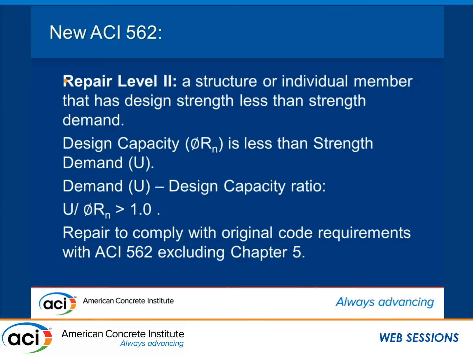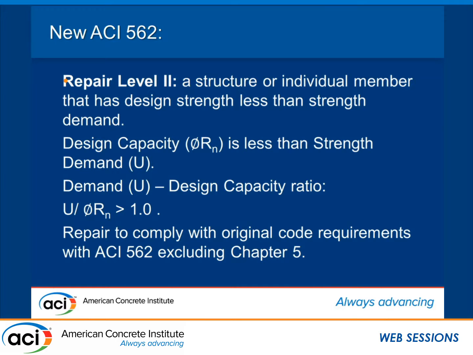and this in the future will hopefully be clearly defined to you and what you need to do for this particular case where the demand to capacity ratio is greater than 1.